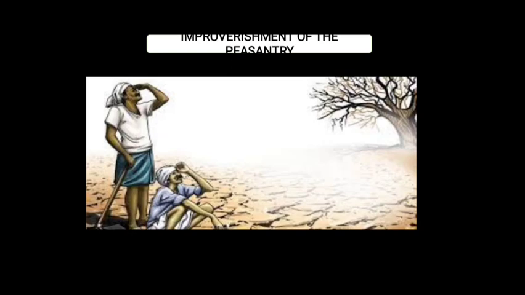Further moving to the impoverishment of the peasantry, meaning how the peasants suffered in the hands of the British as well as in the system. During the British rule, the peasants could survive on the little amount they got from the harvest.